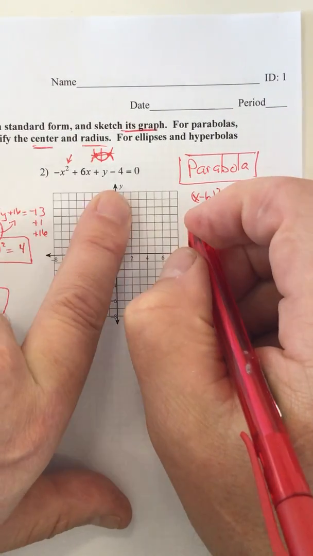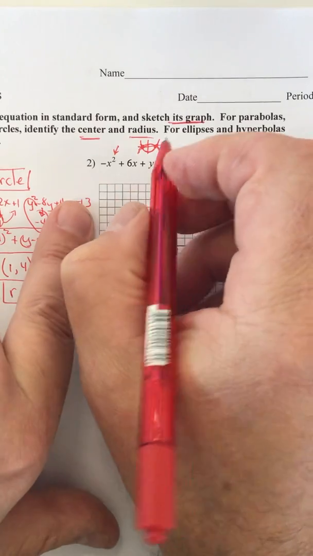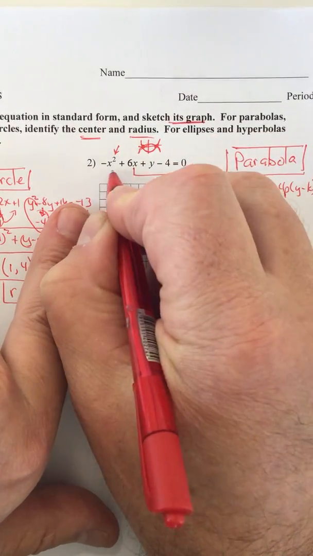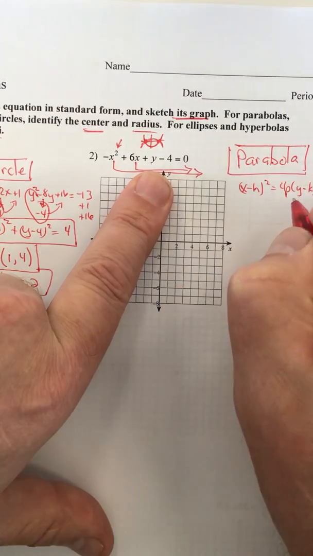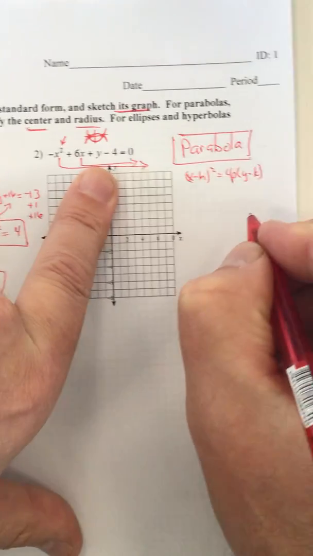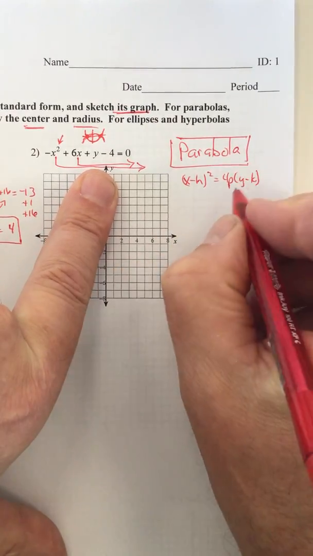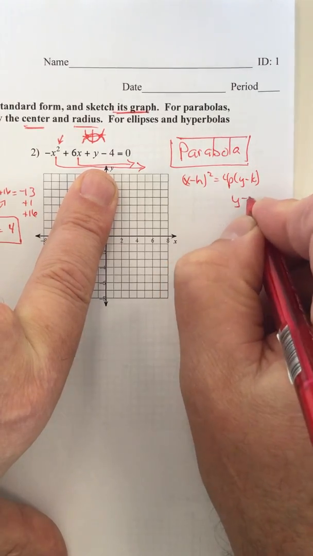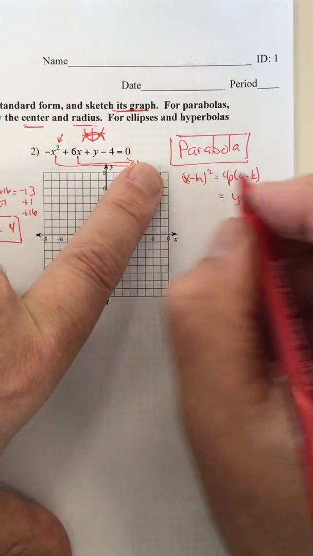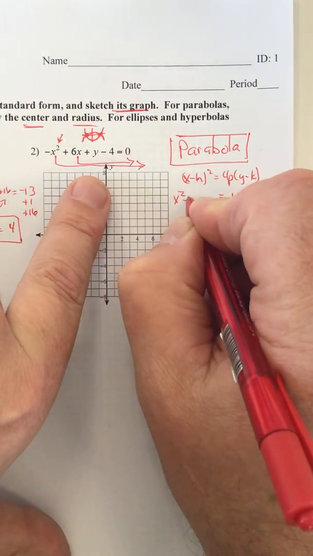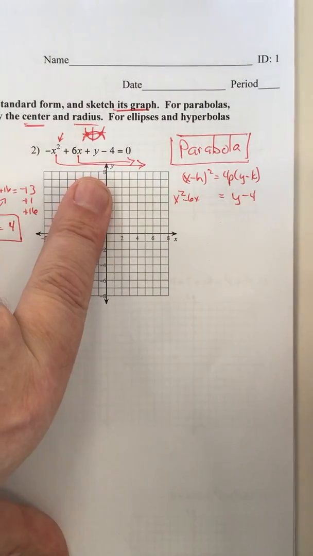Okay, so how about I move these two things to the other side and leave the y minus 4 over here. So I'm just going to do it the other way around. Well, it doesn't matter. I'll put the y minus 4 there, and then this will put an x squared minus 6x on the other side.